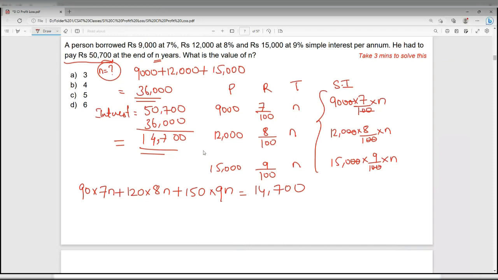This is 630n, plus this is 960n, plus this is 1350n. It is equal to 14,700.